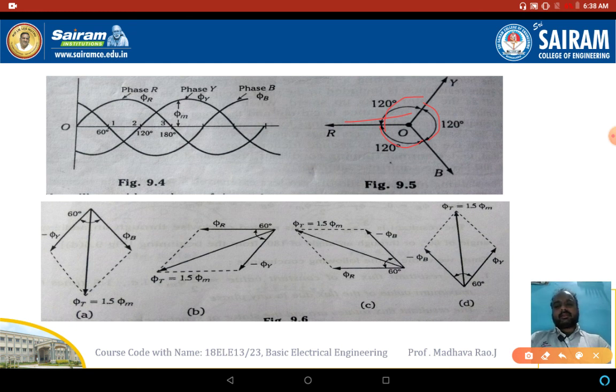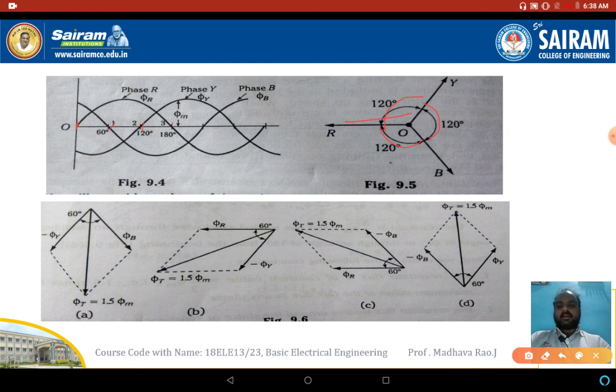Here we are considering four cases: angle 0, 60 degrees, 120 degrees, and 180 degrees.